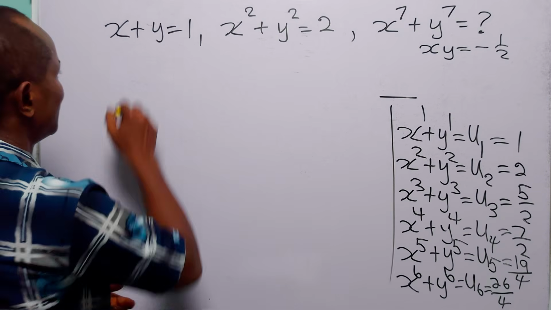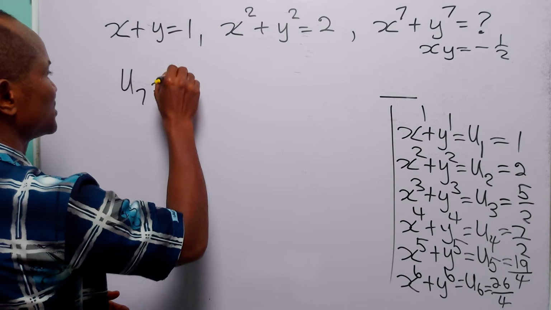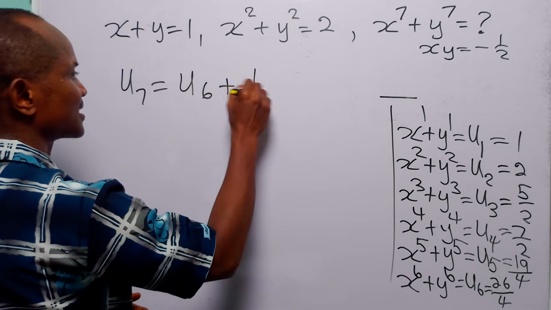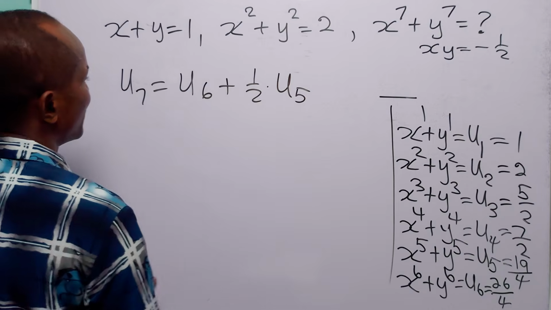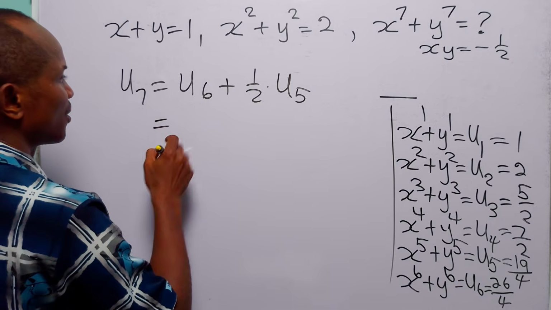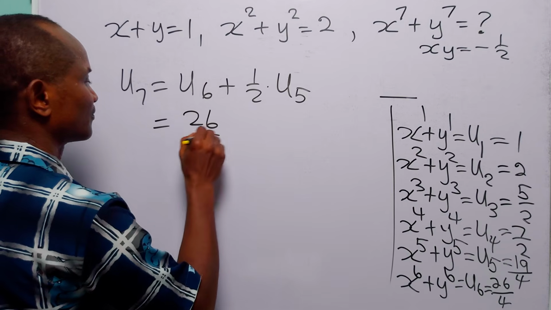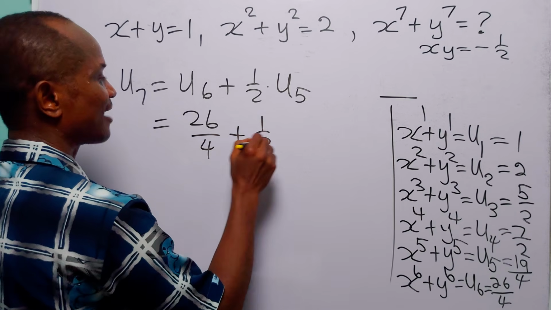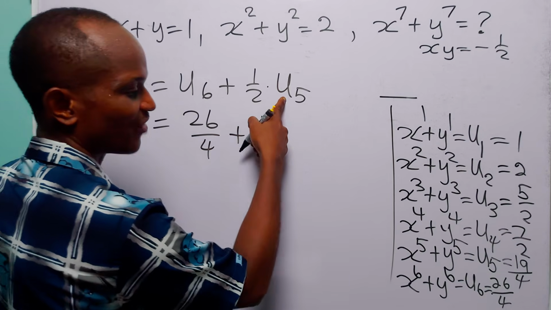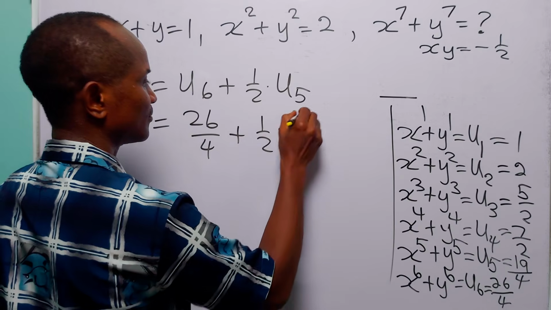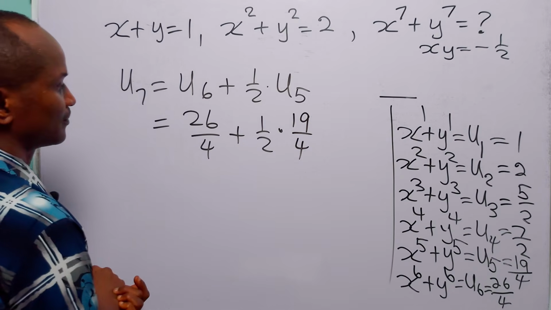And finally, we have u sub 7, which is equal to u sub 6 plus half times u sub 5. Now this is equal to u sub 6, which is 26 over 4, plus half times u sub 5, which is 19 over 4.